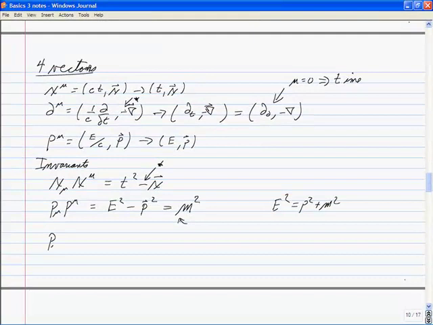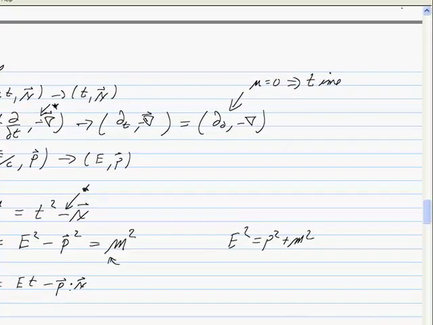And if I write p mu x mu, that's E times t minus p dot x. This is used so often that I almost always will abbreviate it as p dot x with no vector signs.